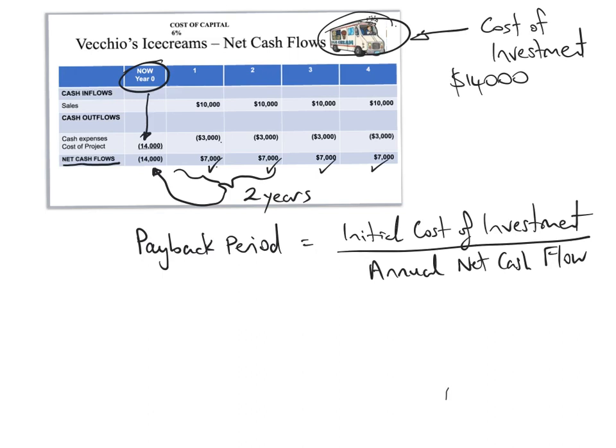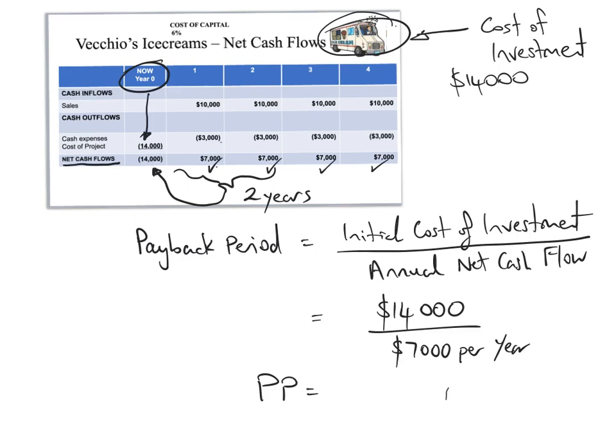As I said, today's example is pretty easy. So it's costing us $14,000 to buy this new truck. We expect to be generating net cash flows of $7,000 per year, and so that gives us a payback period of 2 years. Okay, pretty simple example to start with today.